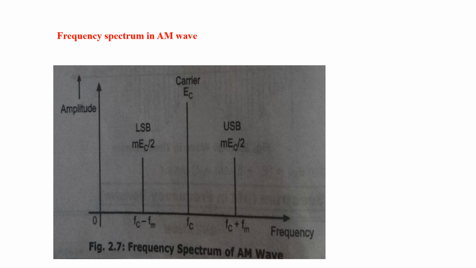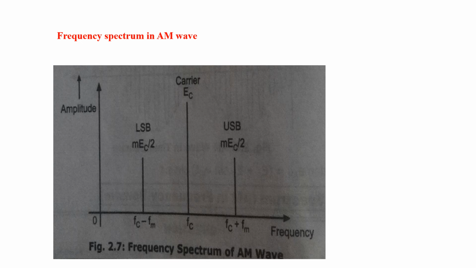This diagram represents the frequency spectrum of the AM wave. Here, the frequency of the carrier is denoted by Fc. The carrier signal is denoted by EC. It has two sidebands, the lower sideband and the upper sideband. The lower sideband is placed on the left hand side of EC and the right hand side of EC is called the USB, that is the upper sideband.